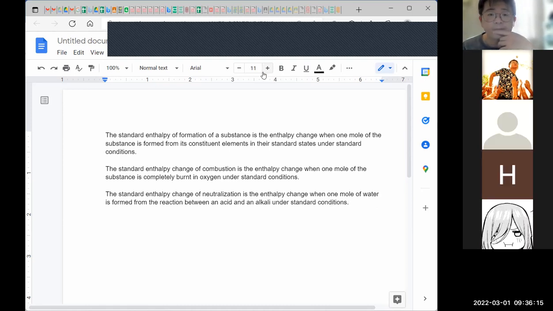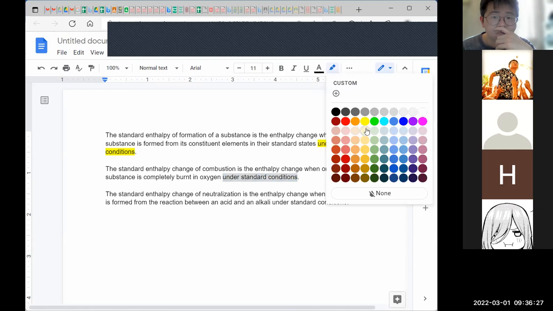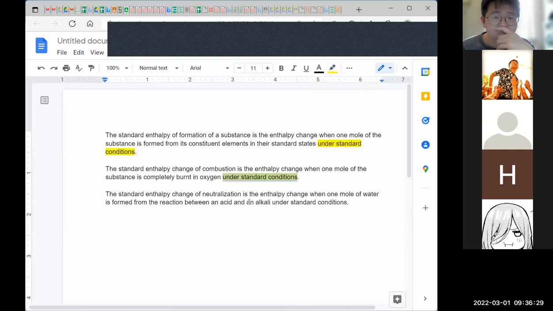If you want to talk about a carbonate reacting with acid to form salt, CO2 and H2O, like this, right?